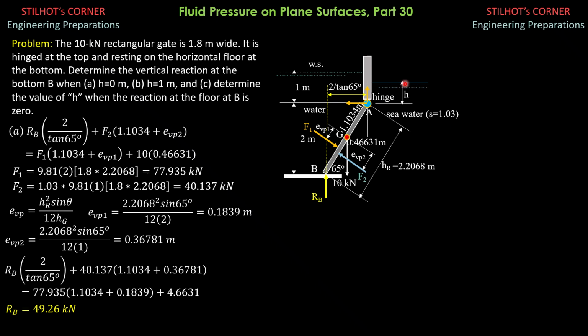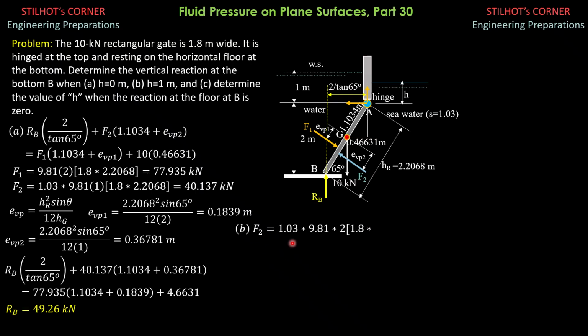Now in part B, because H is 1, then Hg, the distance from the zero pressure liquid seawater surface down to the centroid of the area, is 1 plus 1. So it is 2. EVP2 therefore is the same as that of EVP1, 0.1839.